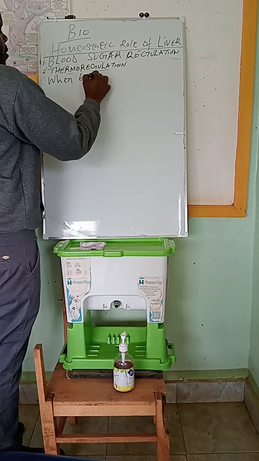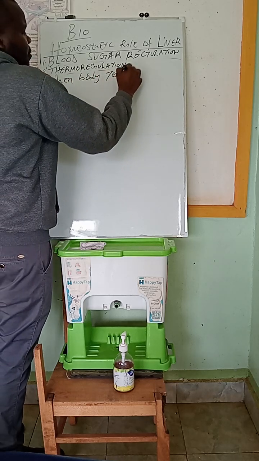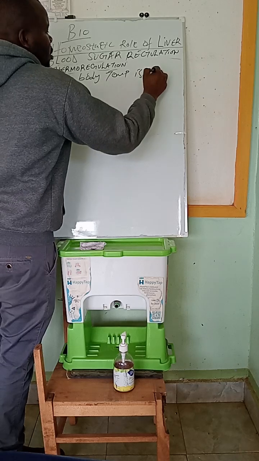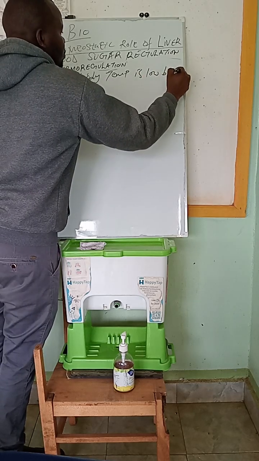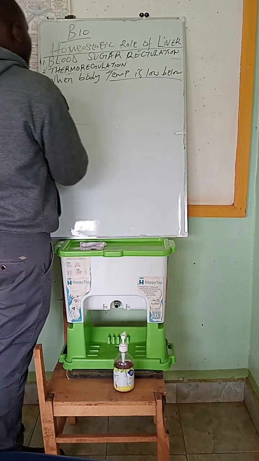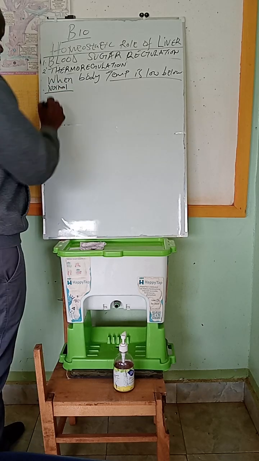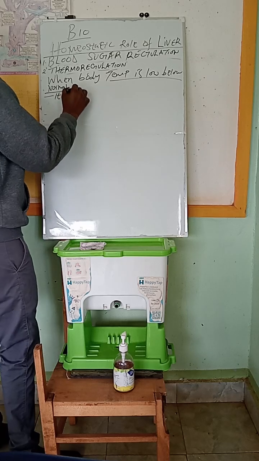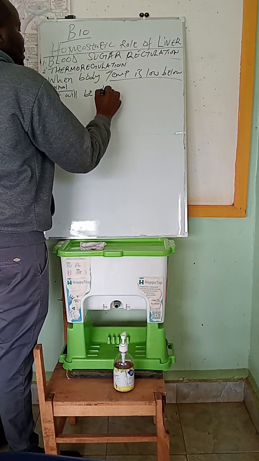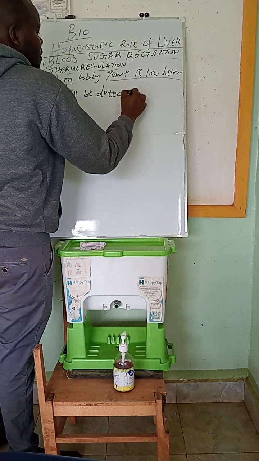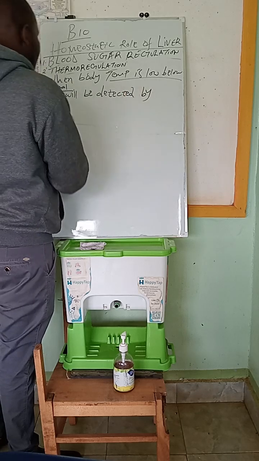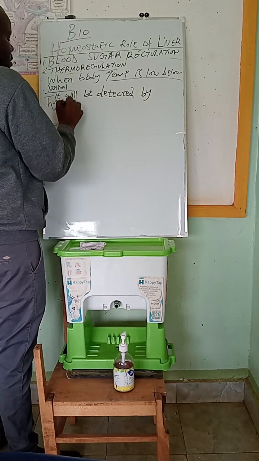When body temperature is low below normal, still again it will be detected by the hypothalamus.